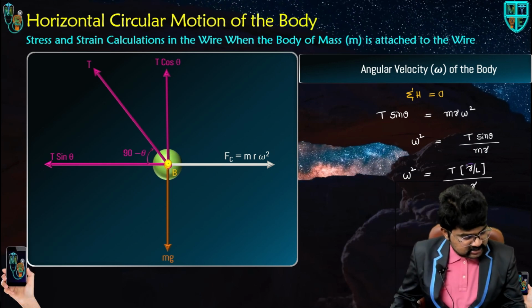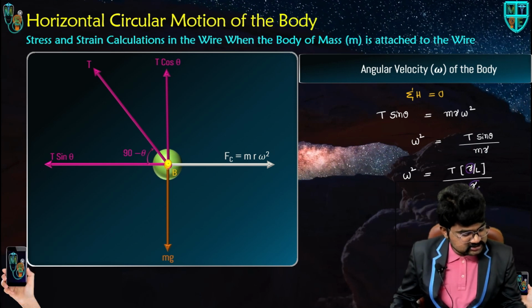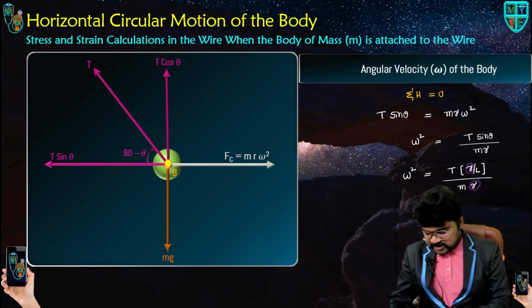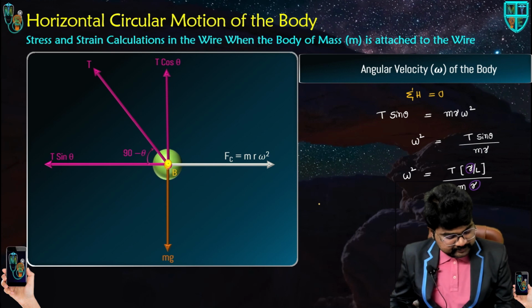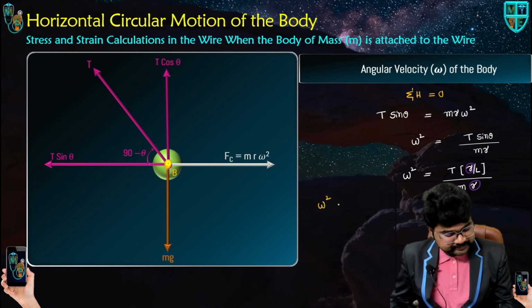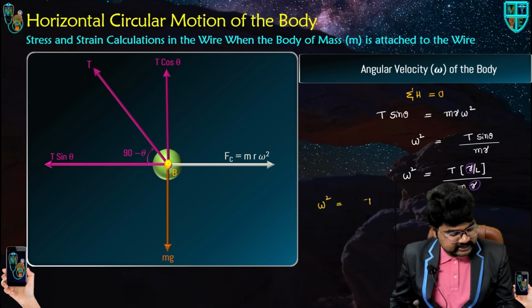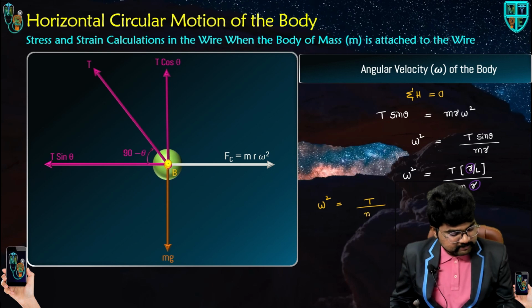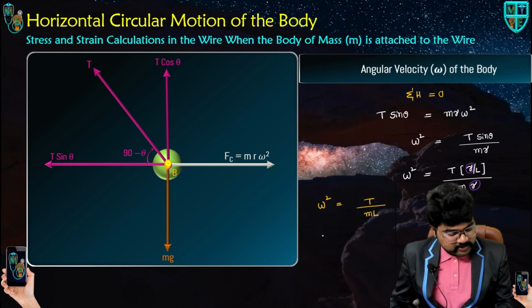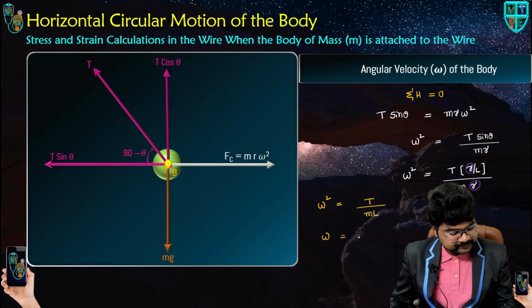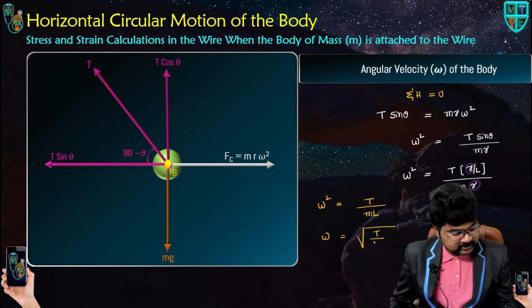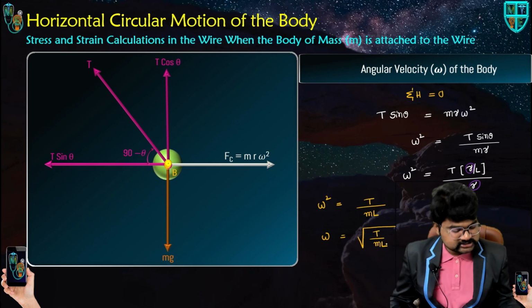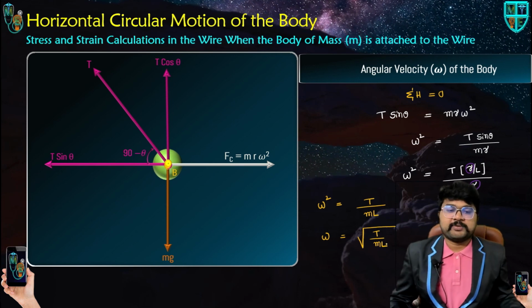Finally, omega square equals to T by m times L. Omega equals to square root of T by m times L. This is the angular velocity of the body.